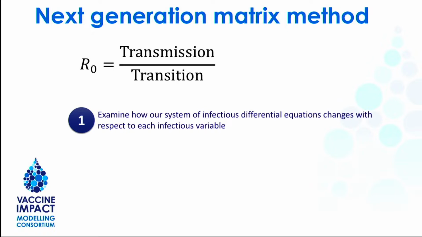Okay. So, first step on putting together our next generation matrix is to see how our infectious differential equations change with respect to each infectious variable. Again, we want to know when we're going to see a transmission event, and that depends on other infected compartments, and we want to know when we're going to transition out of the infected groups.